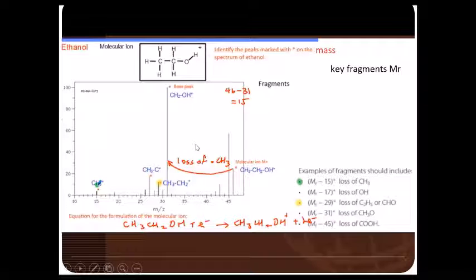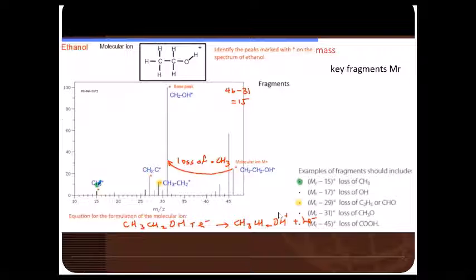If we had to write the formation of the molecular ion, we would get ethanol and an electron shot at it with the electron gun, and it would form the plus charged CH3CH2OH plus ion, and of course 2 electrons over here.